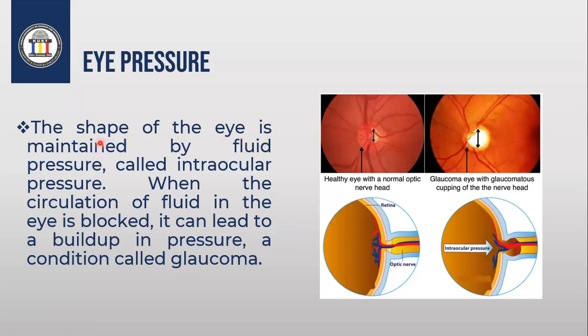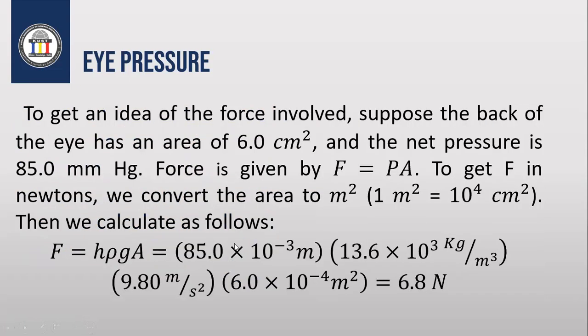The shape of the eye is maintained by the fluid pressure called intraocular pressure, as we said. When you have more fluid than expected, it will damage the optic nerve, and you will go blind and not be able to see anything. This disease is named glaucoma.